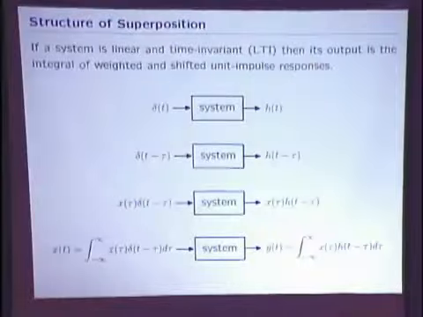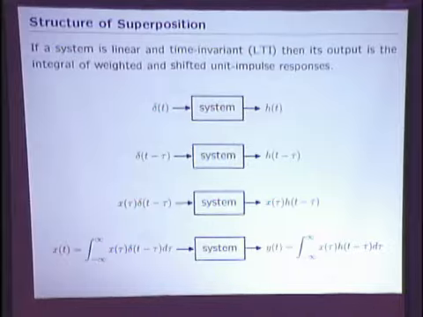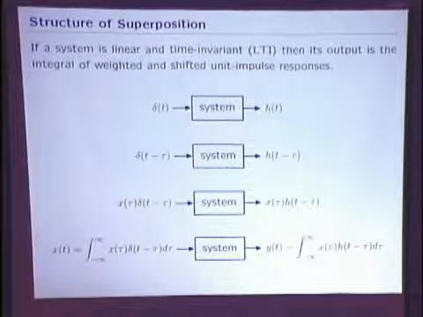Imagine that I have a linear time-invariant system. Linear means that I can compute the response to a sum as the sum of the responses. Time-invariant means that shifting the input merely shifts the output. Doing the experiment tomorrow is the same as doing the experiment today, except it's now a day later.